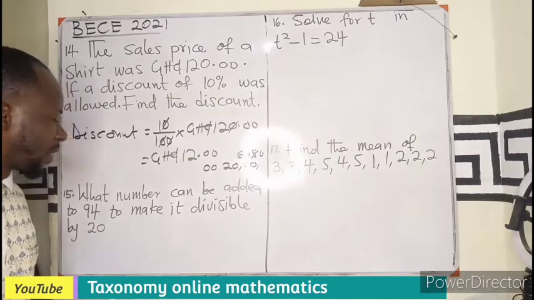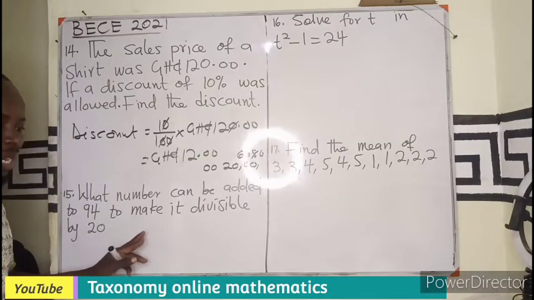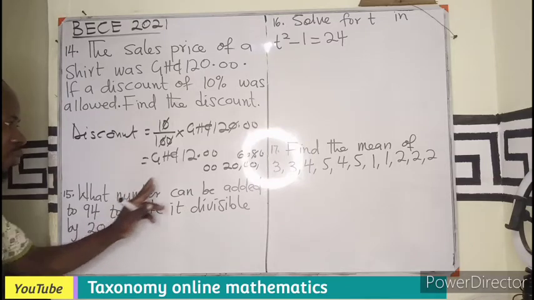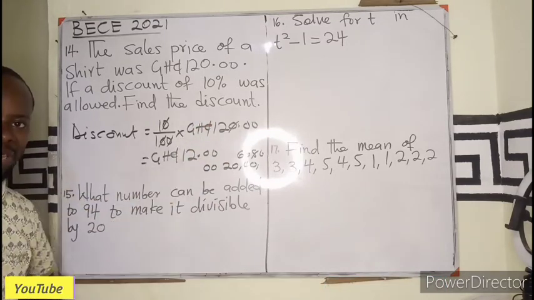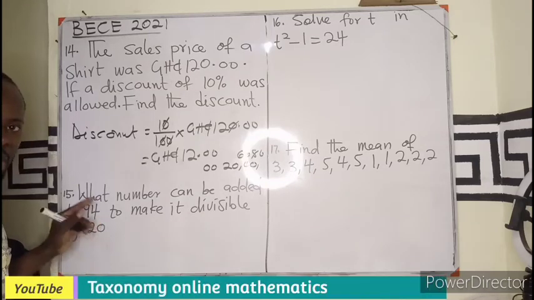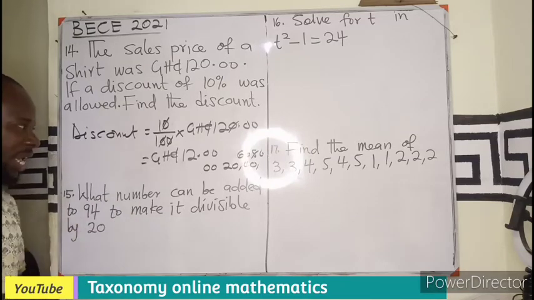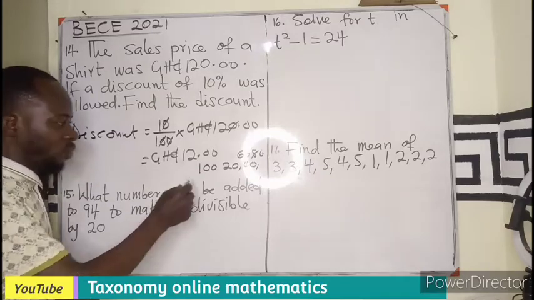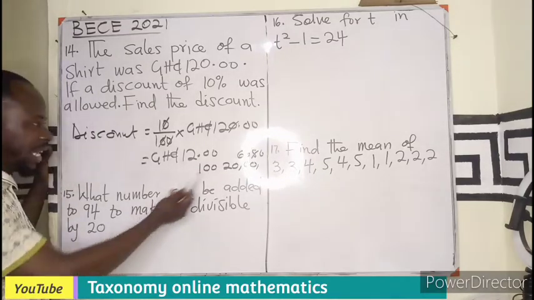So we are looking for a number that we are going to add to 94 in order to acquire zeros at the back. If I add 6 to 94, I will be getting 100, and we know 20 can divide 100.